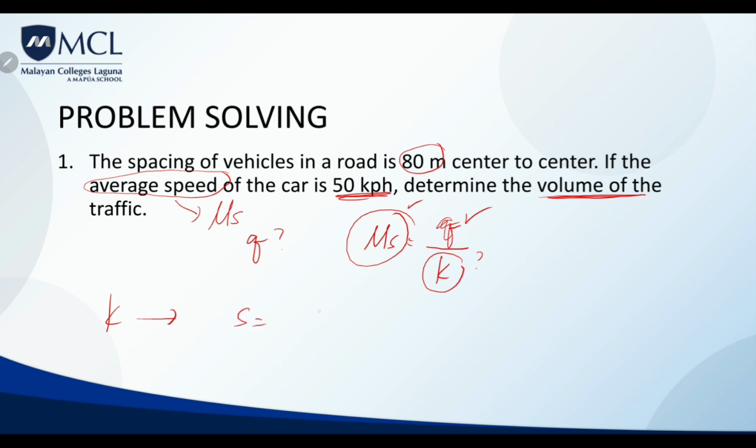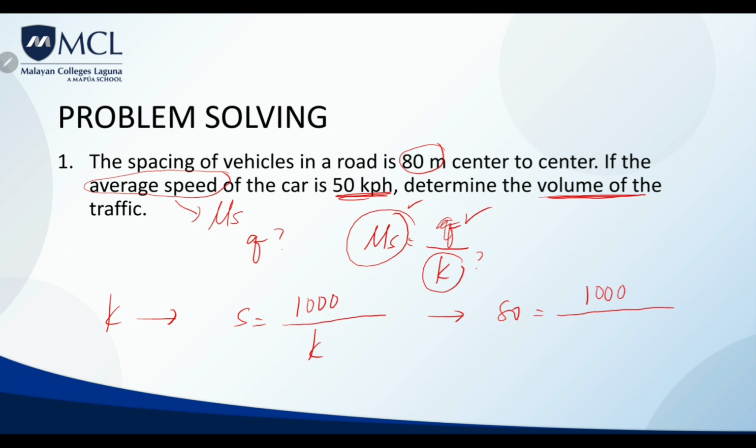We know that spacing is equal to 1000 over K. And since we have the spacing of 80 meters, take note that the formula 1000 over K is given the situation that S is in meters and K is in vehicles per kilometer. So, the 80 is in meters.